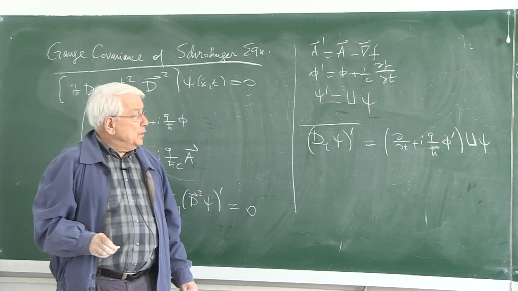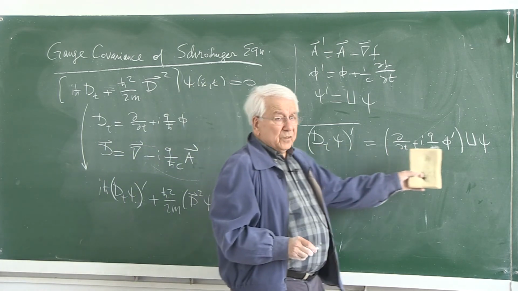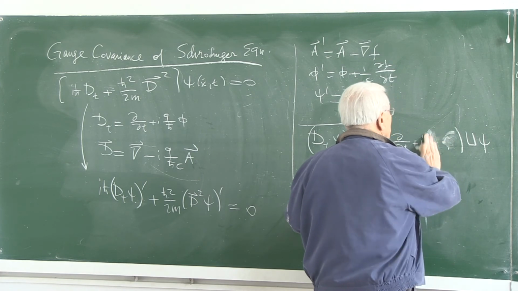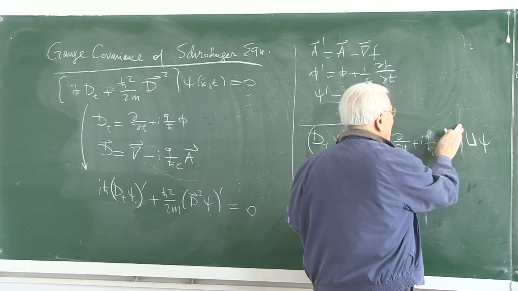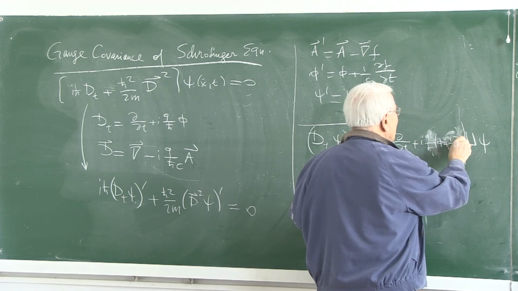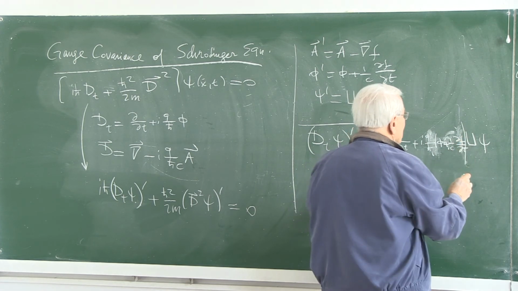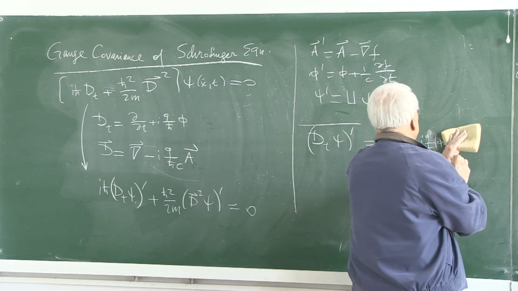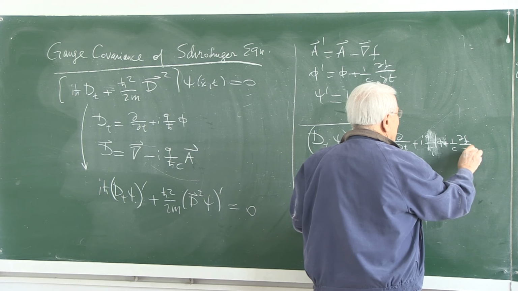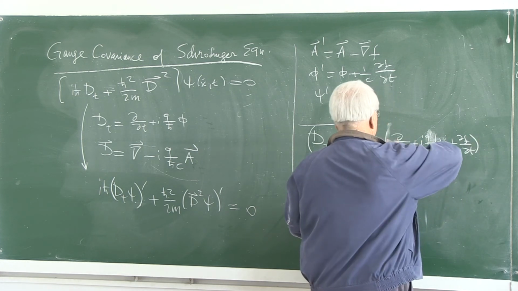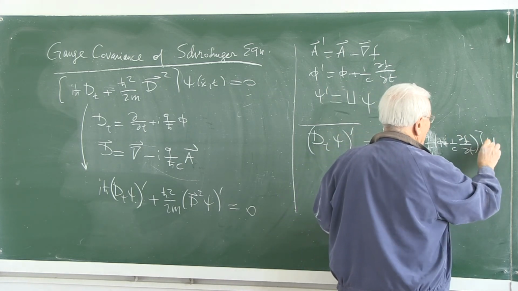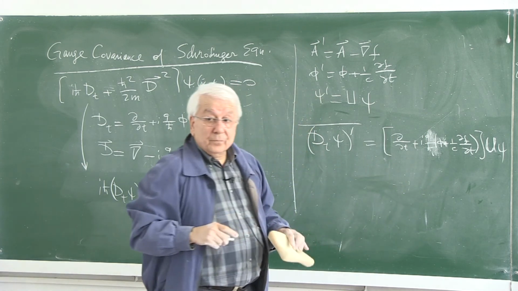I have substituted the prime quantities, what they are equal to. Actually, I should have written it here explicitly without you losing too much time. Okay, let me do it cleanly. φ plus 1 over c ∂f/∂t. That's really it.